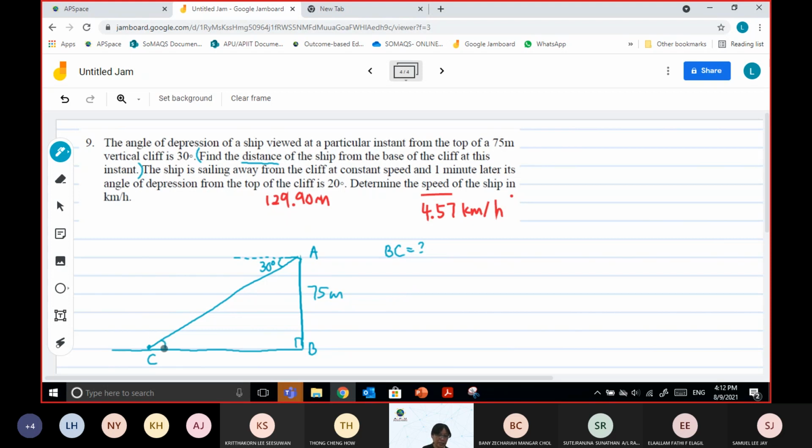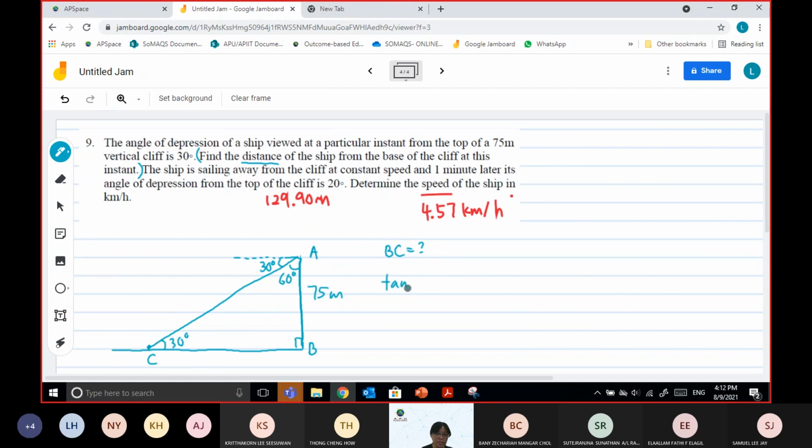Here is 30 degrees as well, here is 90 degrees, so here will be 60 degrees.